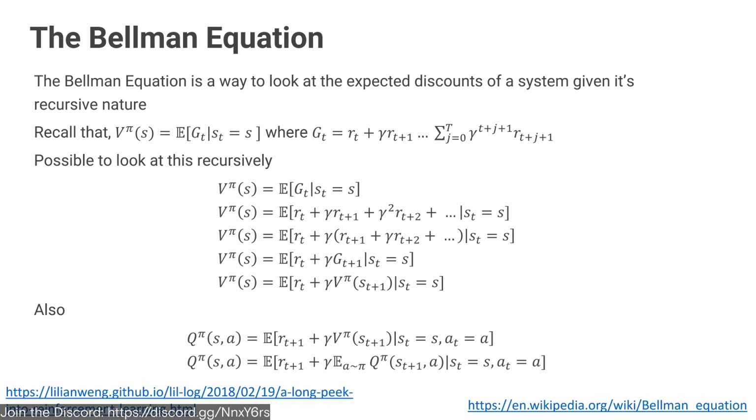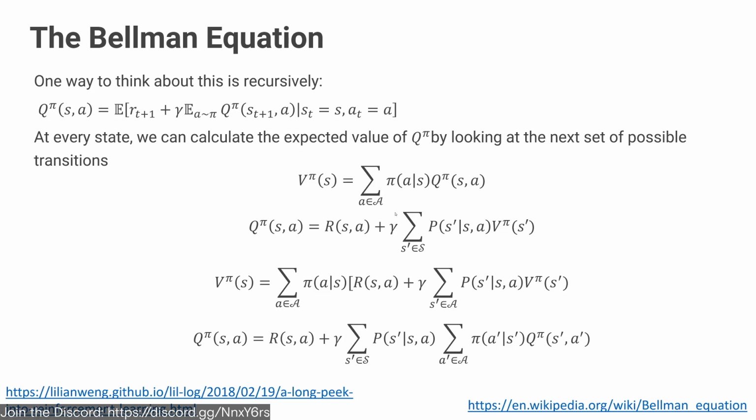Going back to here, defined more formally, the value function over a particular policy of a particular state S is the sum across all of the different policy actions, the distribution of actions, times the state action value of being in that state and taking that particular action. And then we can also define the Q value as being equivalent to the immediate reward in that particular state that we've just entered, given an action, plus gamma times the values of being in a future state.